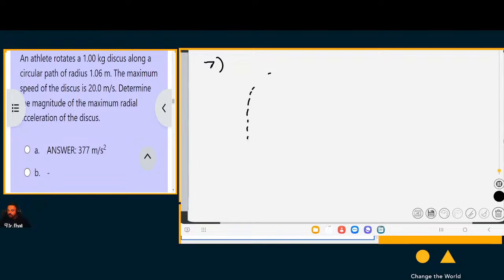Let me just try to draw. I always try to draw what is happening because it makes it easier for me to understand. So let's say this is a discus. It's a terrible drawing of a discus, but let's just pretend it's a discus.